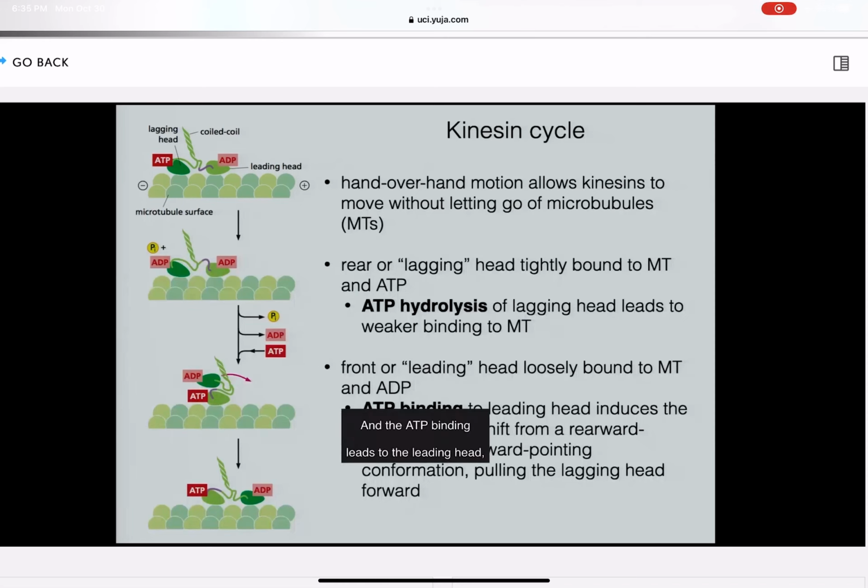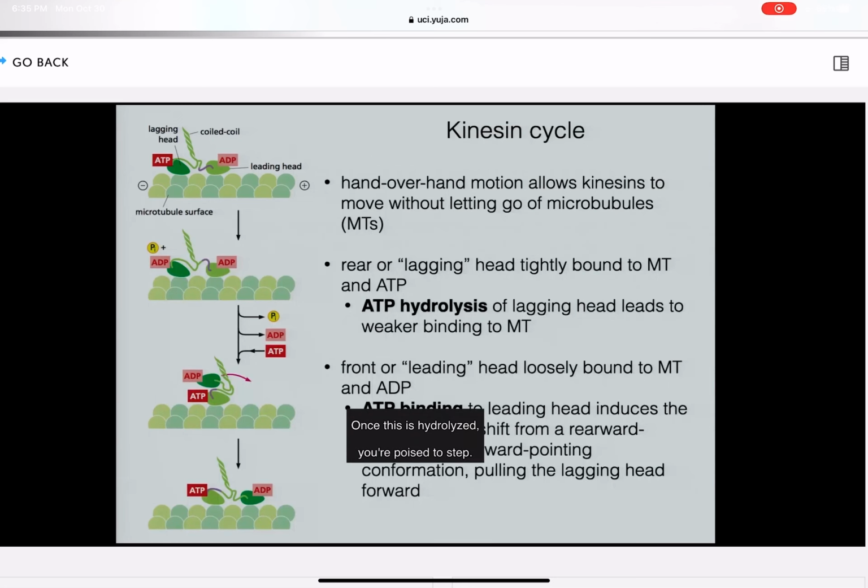And the ATP binding to the leading head induces this linker region, in purple, to shift from the back end of that motor to the front end, essentially pulling it forward. And that's the walk. Okay? And so ATP is bound on the lagging head.